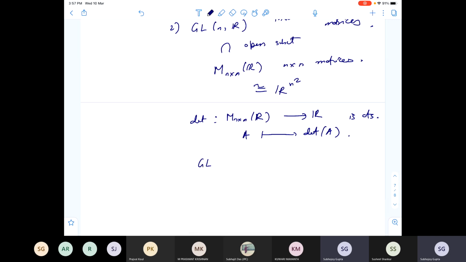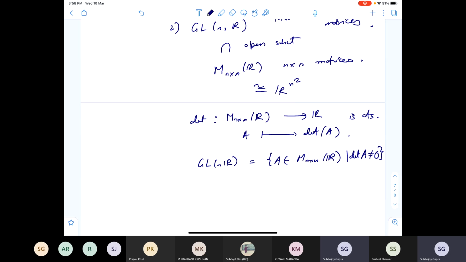And then GL_n(R) is just all those matrices so that the determinant is not zero. That's the definition, right? And so it's a pre-image of an open set in R, everything except zero, under a continuous map.